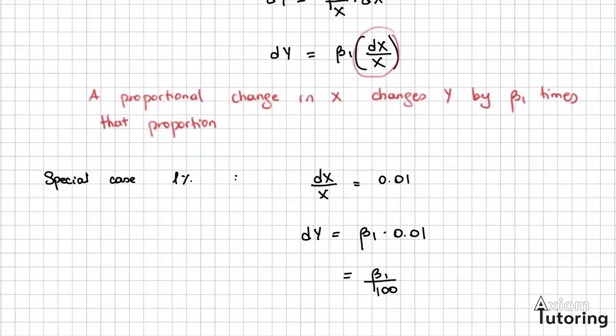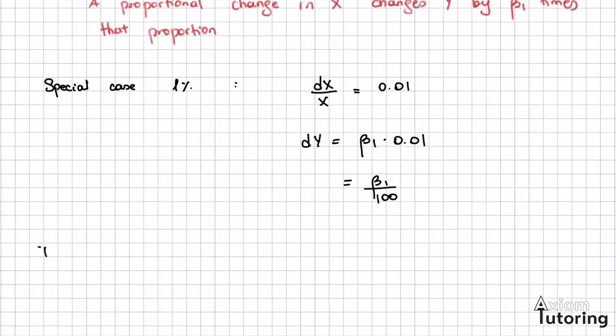So key contrasts, remember: in the level model, there was a constant unit effect. In level-log, there is a constant effect per percentage change. In this model, we are assuming the same response to a 1% change regardless of the starting level of x. Let me just write that down because it's quite important.